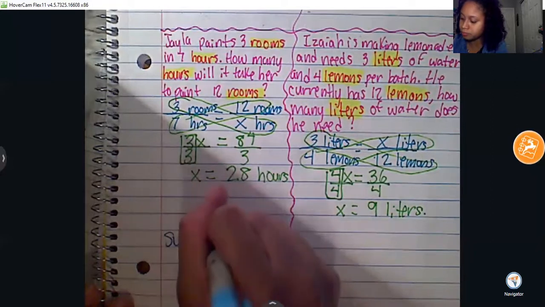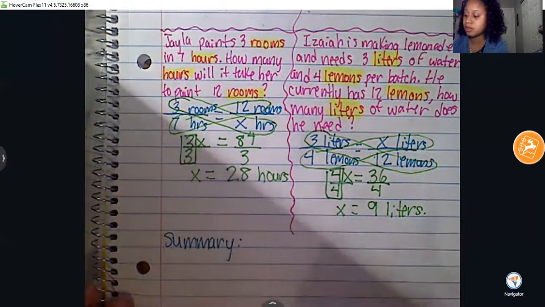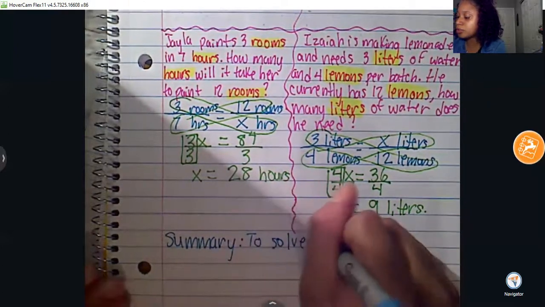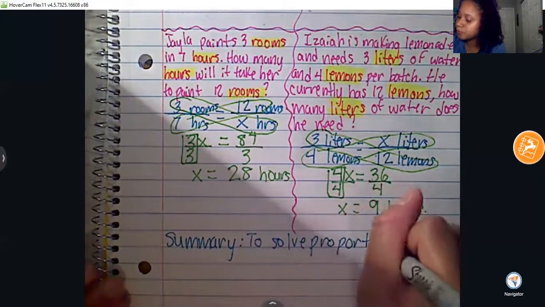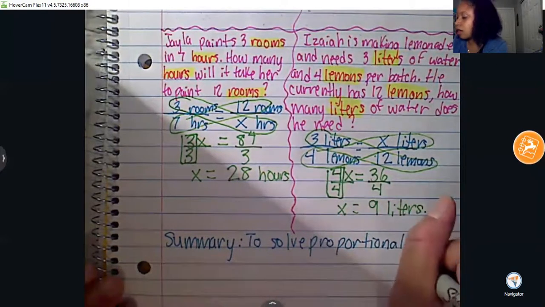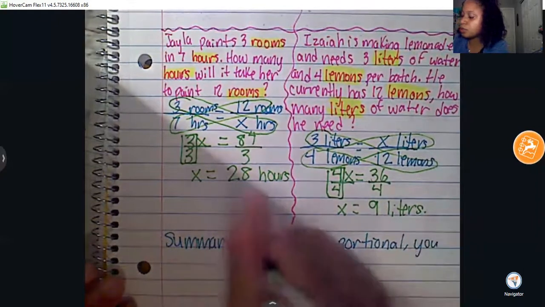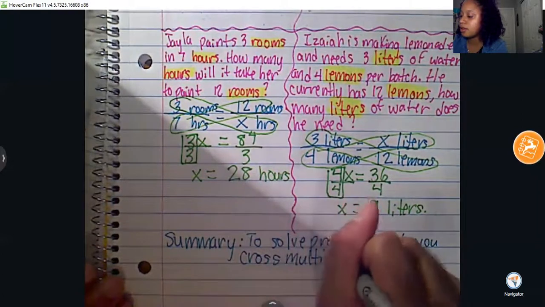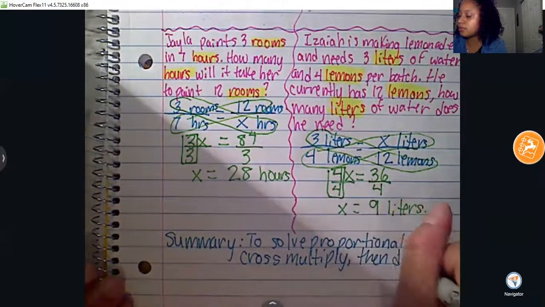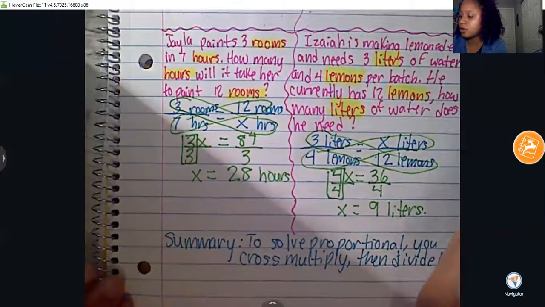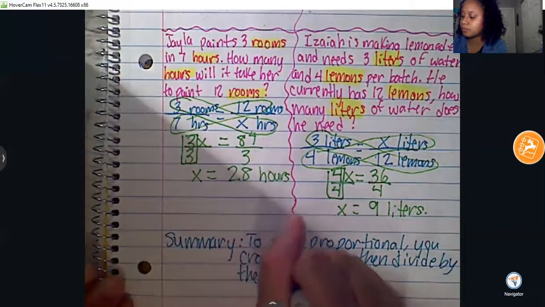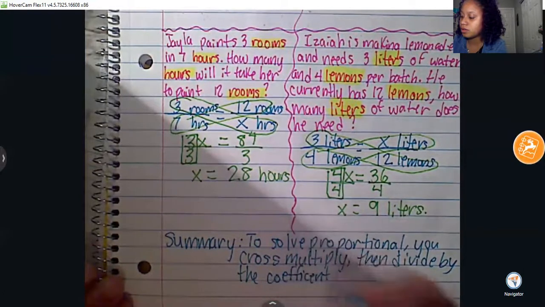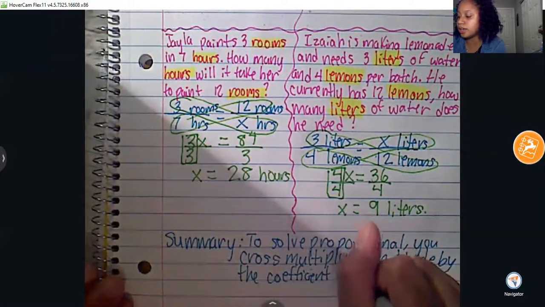For these types of problems, so basically to solve proportional relationships, you cross multiply, then divide by the coefficient, which is just the number next to X.